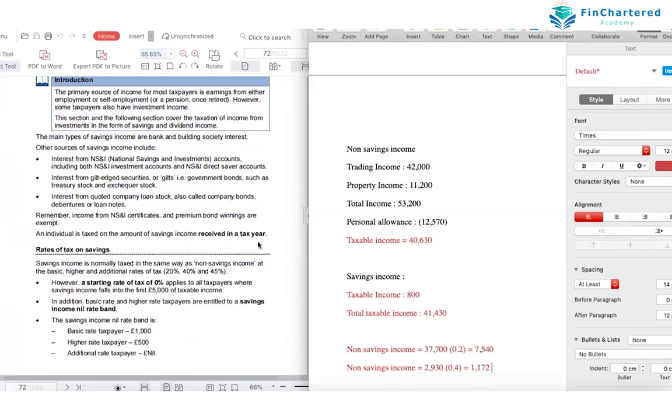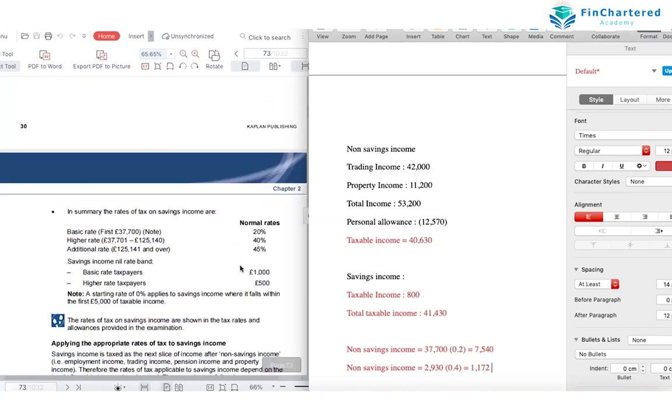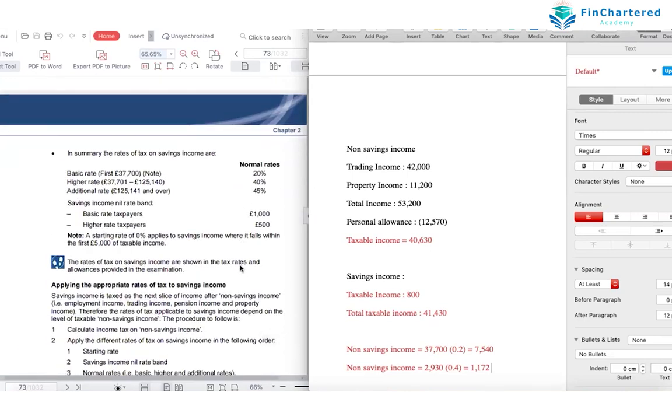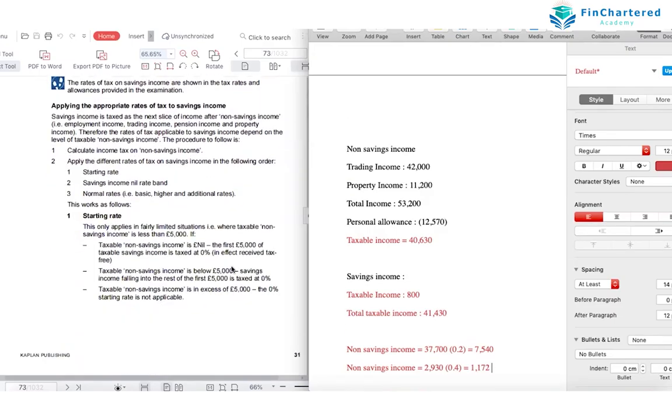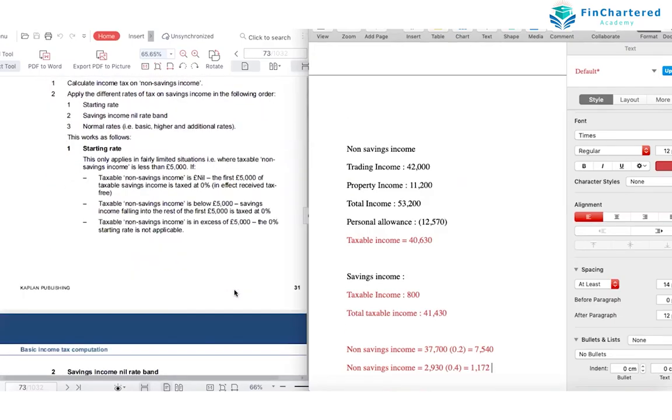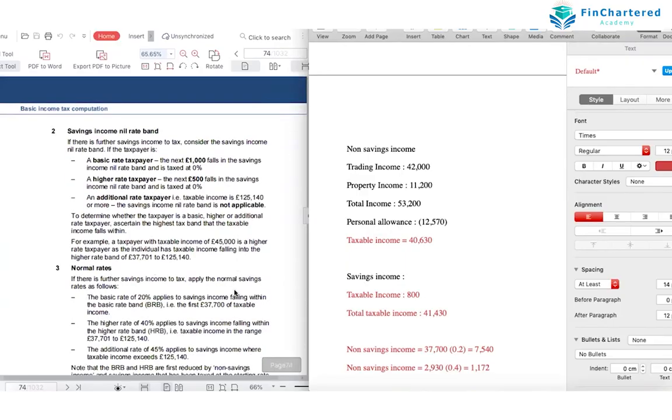Savings income, right? Again, what is happening? We had looked at this and we had done some sums. Remember? Yeah, this part.